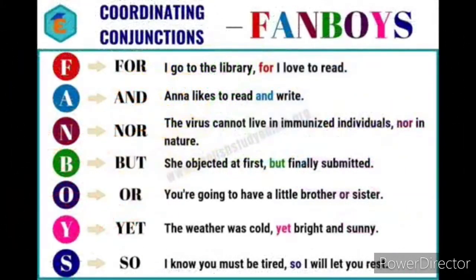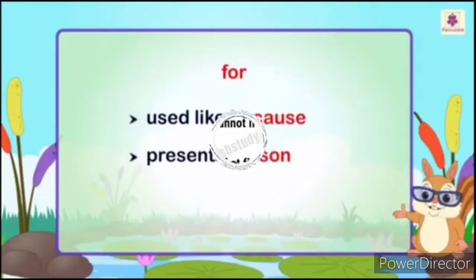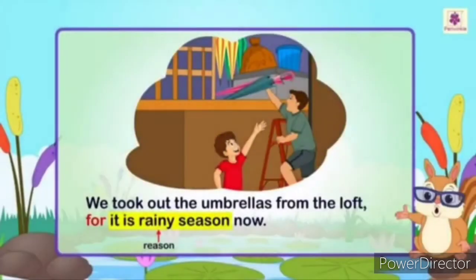So now let's see the FANBOYS, that is the coordinating conjunctions, one by one with examples. And the first one, for. For is used like because and it presents reasons. For example, look at the sentence here. We took out the umbrellas from the loft for it is rainy season now.